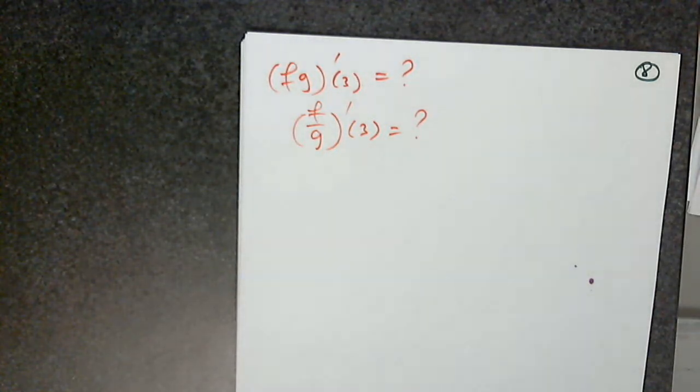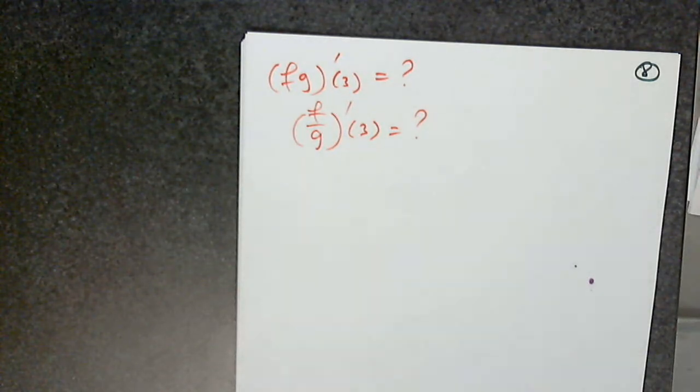If I come to class today and I say find h prime of 3 or h prime of 7, what would you say to me first? If I come in and tell you find f prime of 3, what would you say? Give me the function, right?